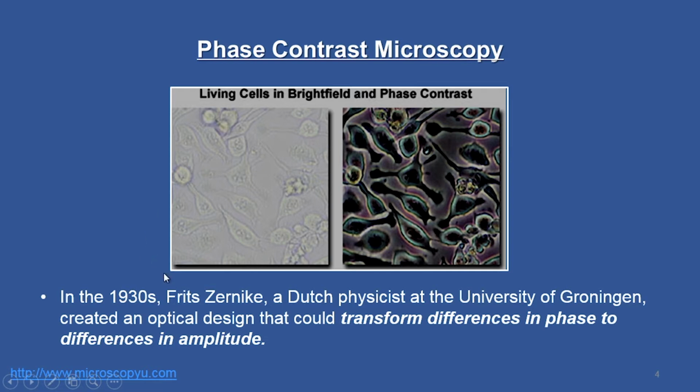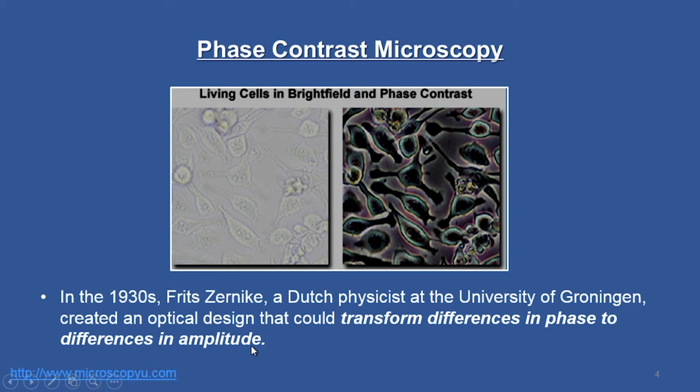A brief introduction. In the 1930s, Fritz Zernike, a Dutch physicist at the University of Groningen, created an optical design that could transform differences in the phase to differences in amplitude.